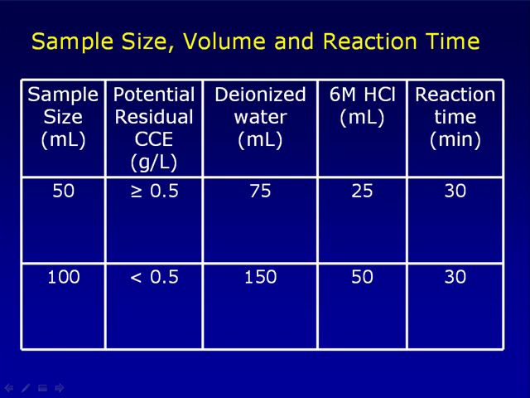You'll need to add 75 milliliters of water, 25 milliliters of HCl, and wait for 30 minutes. If there's only a very small amount of residual calcium carbonate that you expect in the system, use that 100 milliliter sample size. You'll need to double the amount of solutions added, but the reaction time will be the same.